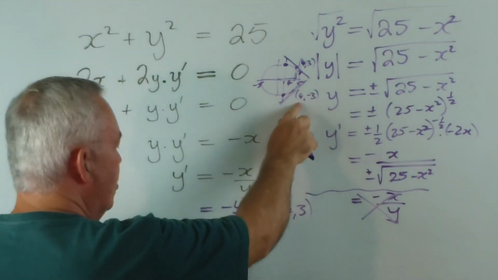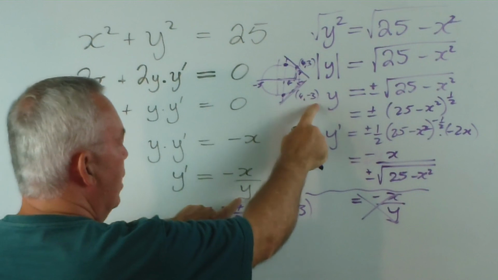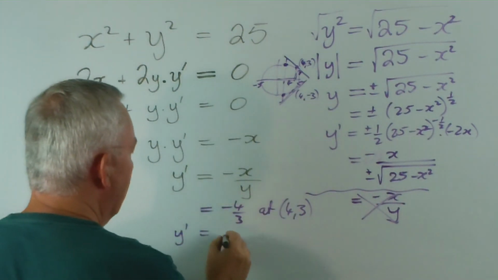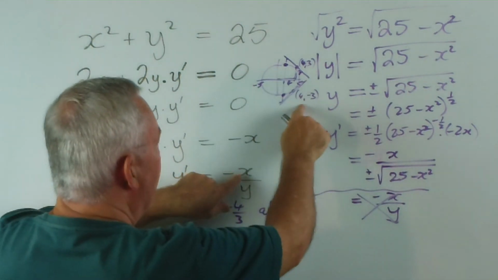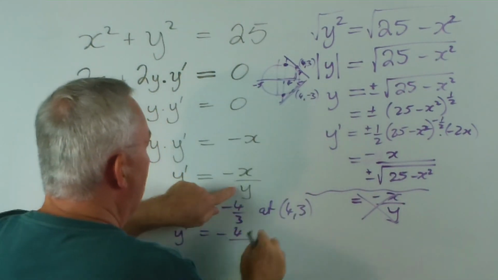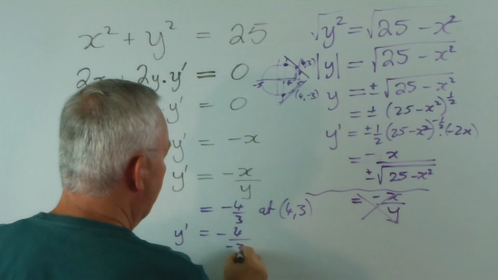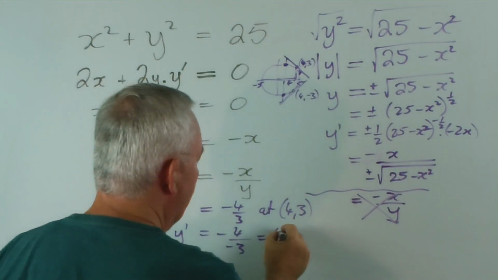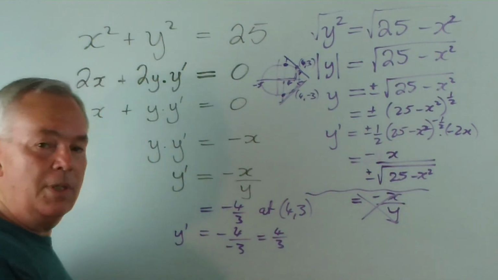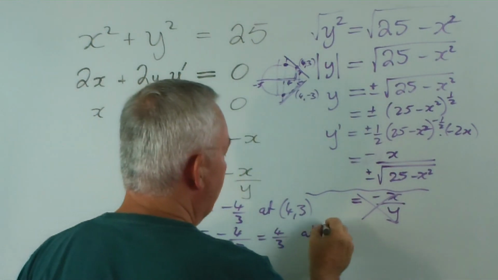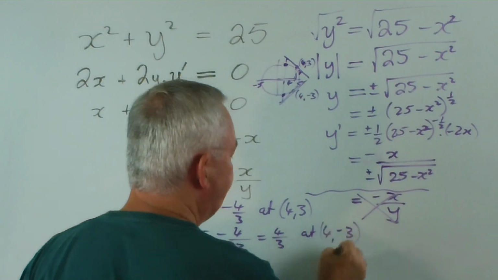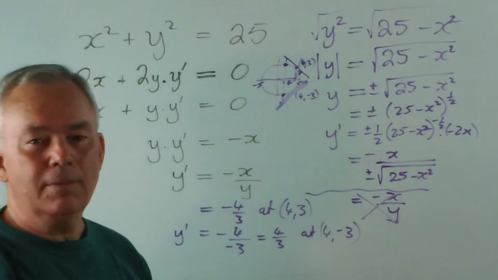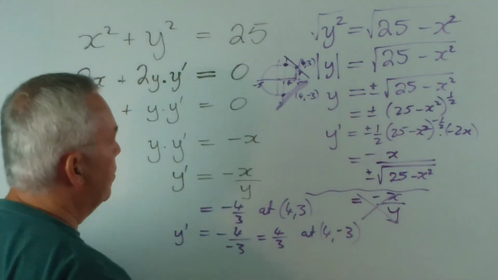Well, I would substitute x equals 4 and y equals negative 3, and I would get y dash equals negative, now x equals 4 and y equals negative 3, and that would equal, I'm running out of board so I'll go across, 4 plus 4 on 3 at 4, negative 3. And you can see that the gradient is in fact roughly plus 1, it's roughly a 45-degree angle there.